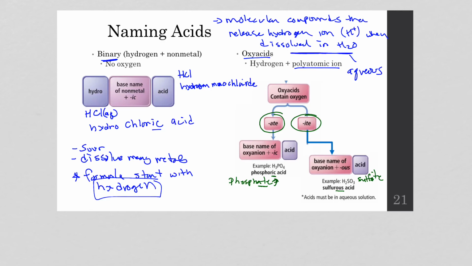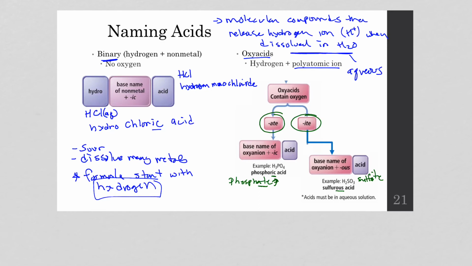And sulfur is weird, right? When we do this in acids, we don't actually take anything off the ending. We just add an OUS or an IC. So we could have sulfurous acid or sulfuric acid. It takes a little bit of getting used to, to understand what we take off or how we change the endings. But the more you do it, you start getting a little bit more used to it.